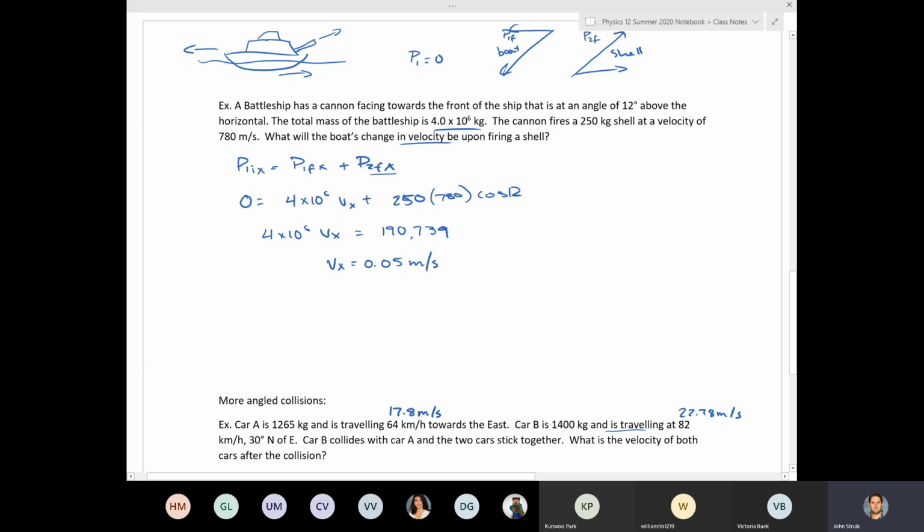You would give me an x value, right? Or if I said, how fast is that boat moving? You would give me the horizontal speed. So when I ask what is the boat's change in velocity, it doesn't make sense for you to give me any y values when it's only moving in the x direction. Does that make sense? Yeah, I think it does.